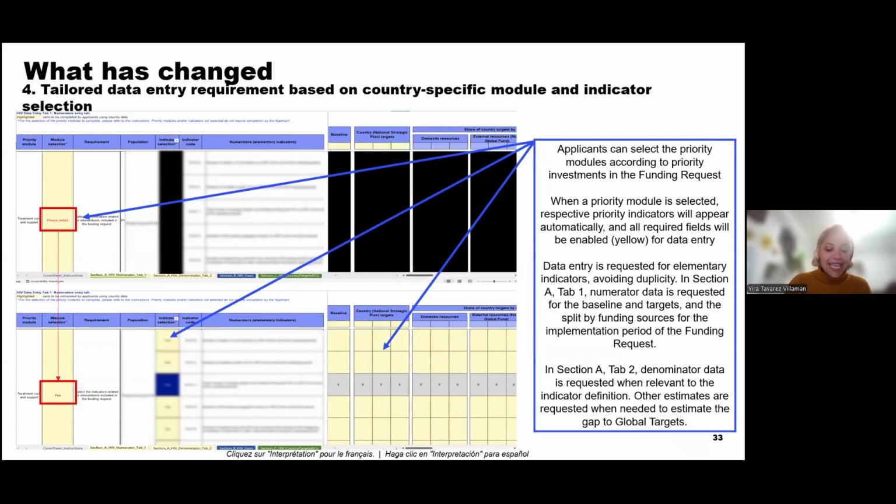In the HIV programmatic gap table, applicants are requested to select the priority module first. Then the selection of indicators can be tailored for the priority module. In the TB programmatic gap table, applicants only need to select the priority modules because each priority module only has one indicator. For tailoring the module and indicator selection, applicants are encouraged to consider as well their country team's advice.